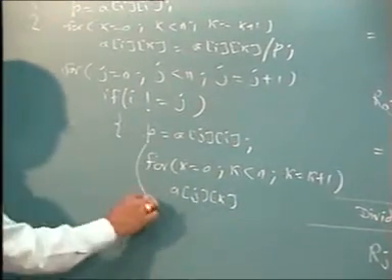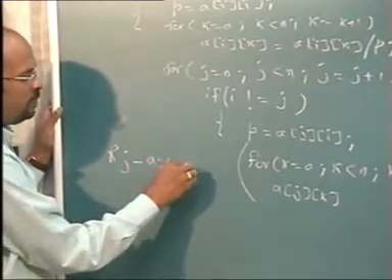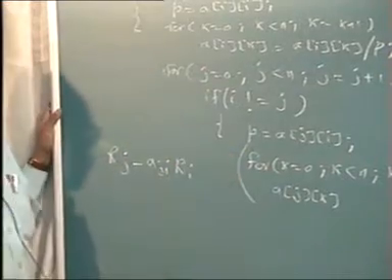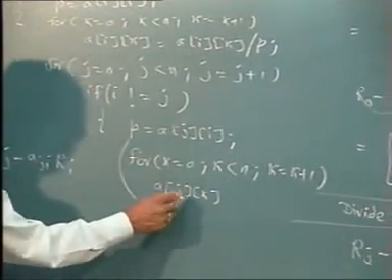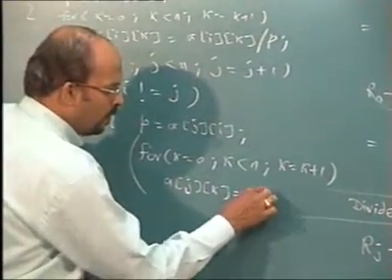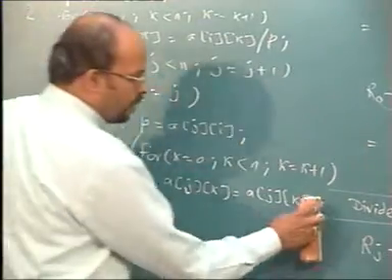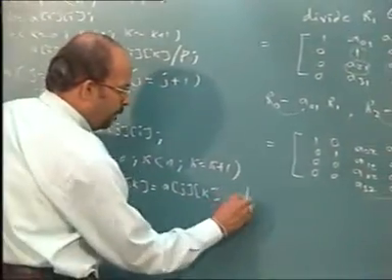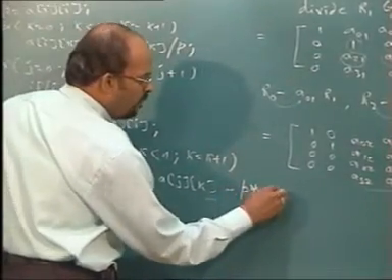This loop actually stands for rj minus A of ji times ri. But r means the whole loop, all the elements. So A of jk, as long as row number remains j, that means from jth row, from that element subtract what? P times the corresponding element of ith row.